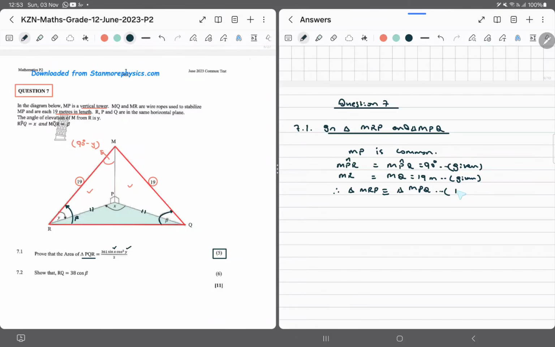Now this is the right angle, hypotenuse, and the side, so that's another condition for congruency. We wanted to prove that indeed PR is equal to PQ. Now these are the corresponding sides in congruent triangles.